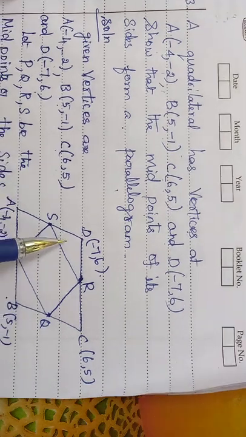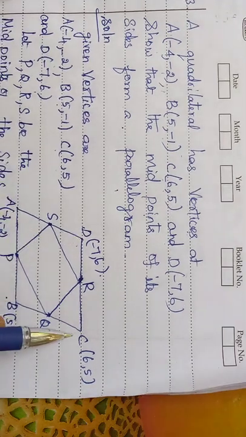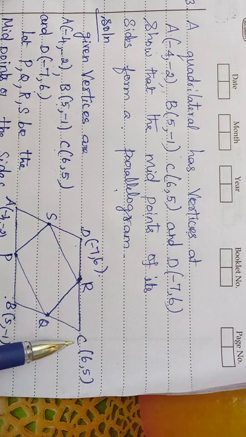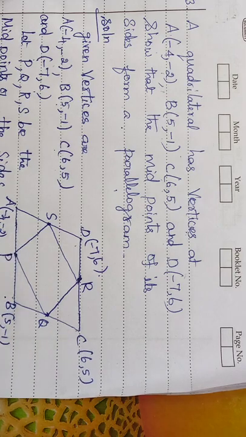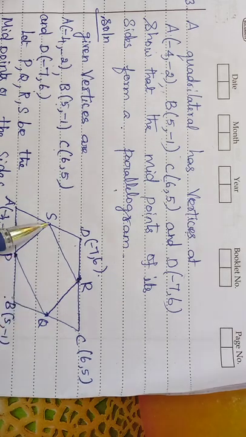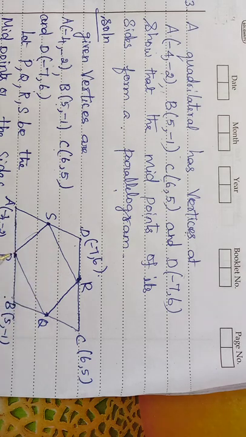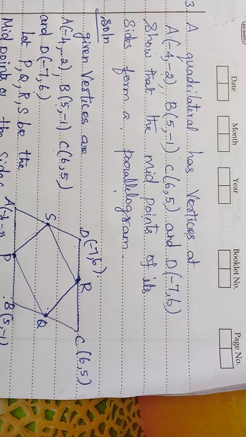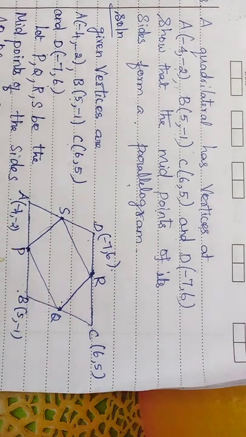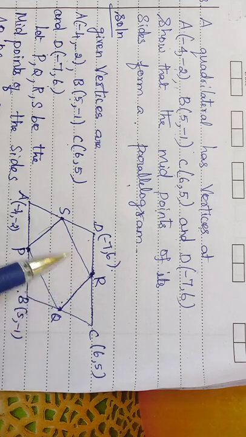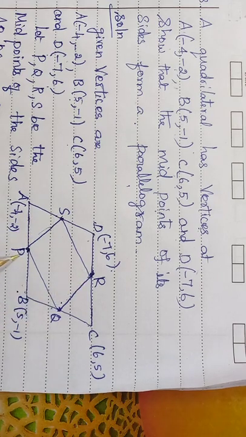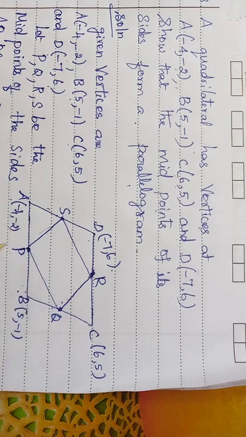Let's draw the quadrilateral and name it ABCD, write the points, plot the midpoint of each side and join them. You get another diagram. Name the midpoints PQRS. We have to prove PQRS is a parallelogram.